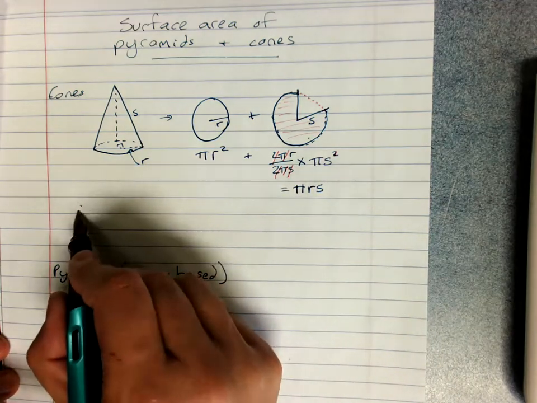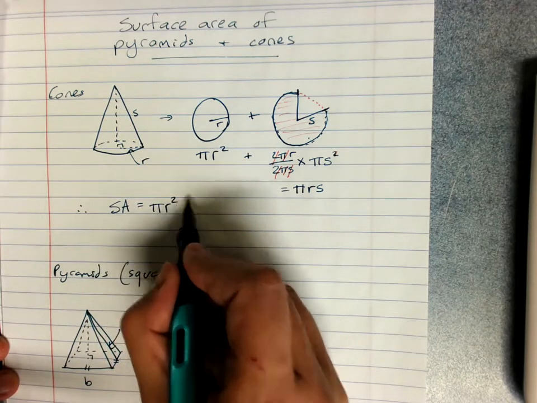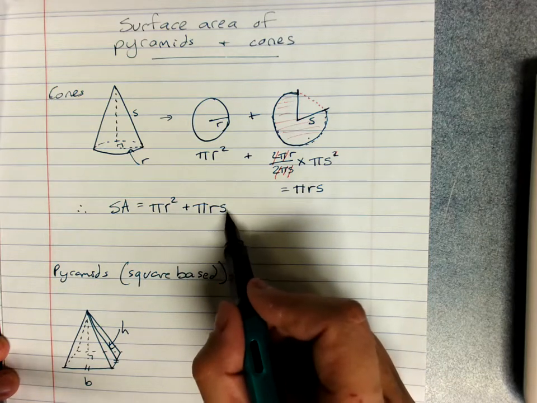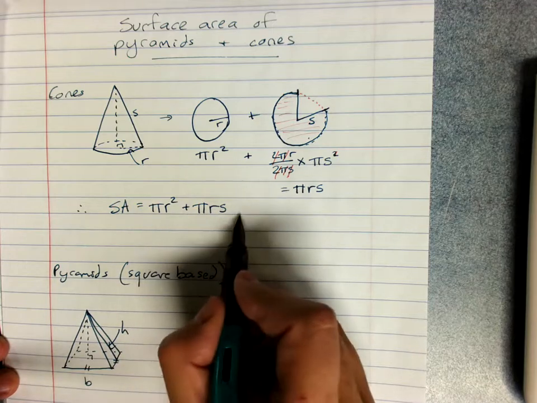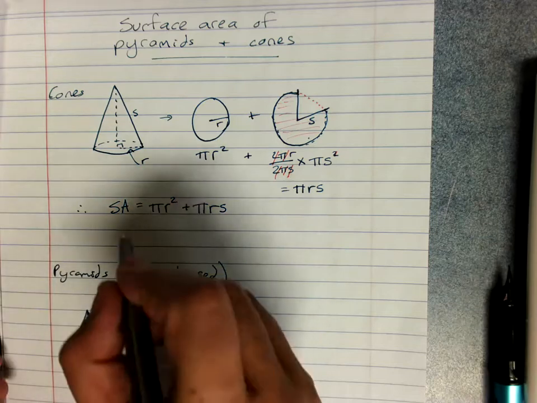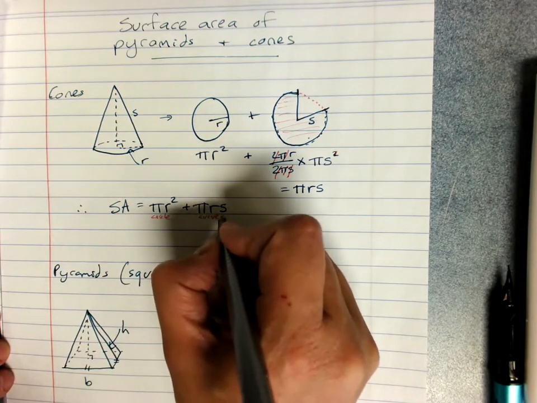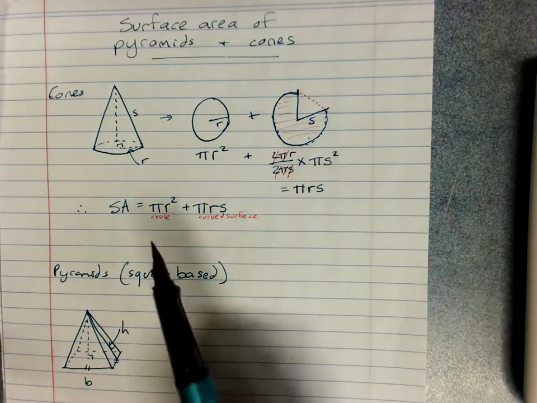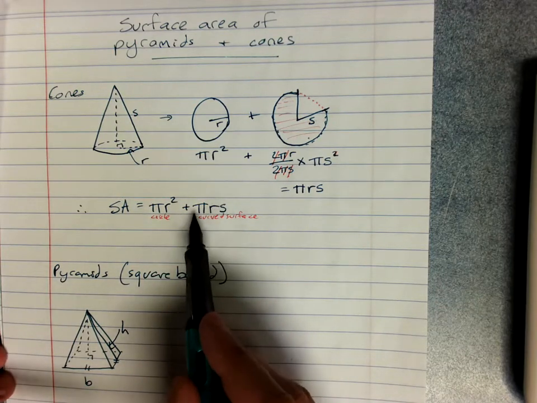So my formula for the surface area of a cone is pi r squared, which is the circular base, plus pi r s. I have a terrible habit of writing s as a power. This is wrong, don't do it. Pi times r times s, no powers here. Obviously, this was our circle, this was our curved surface, and so if you just wanted to find the curved surface of an open cone without the circular base, you'd just use this part.